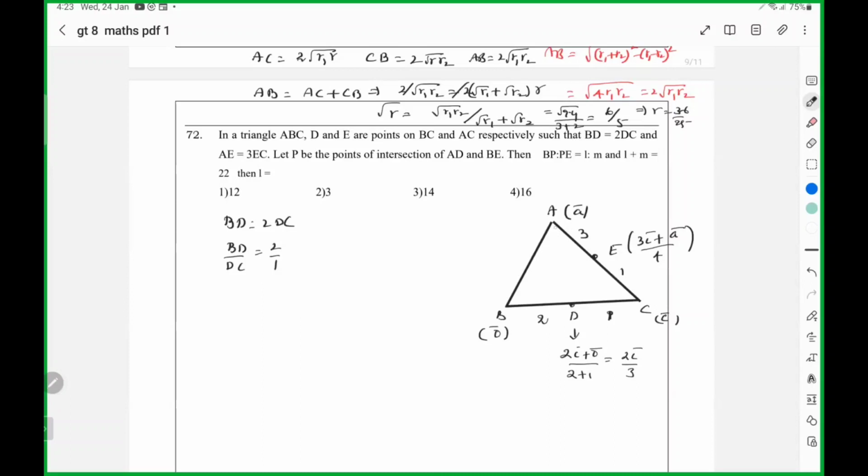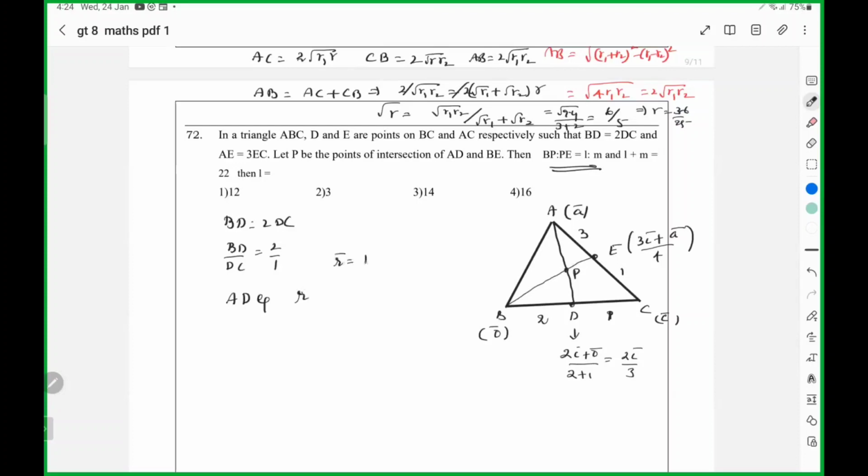Now AD and BE intersect at a point P. Then that ratio we want. BP is to PE is L is to M. Okay. First, how do we find this point? AD equation.